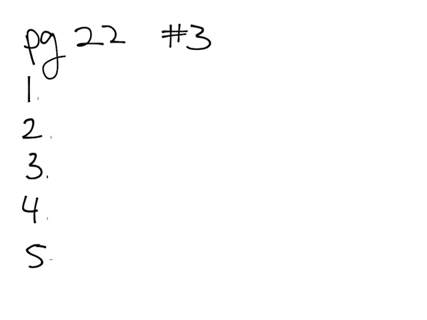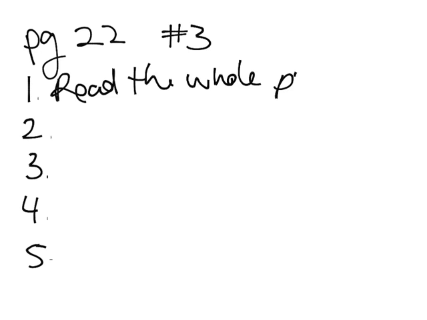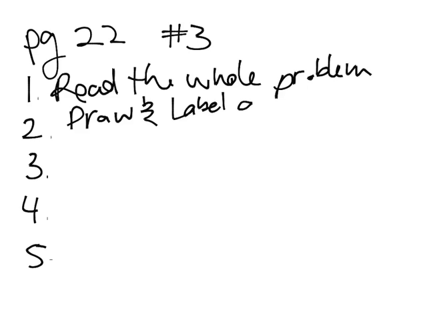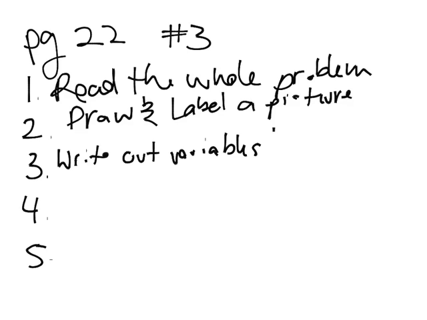Remember when you're solving these, I'm writing down the steps again. 1, read the whole problem, not part of it, the whole problem. 2, draw and label a picture. 3, write out variables and numbers. 4, find an equation, so one that matches your variables.